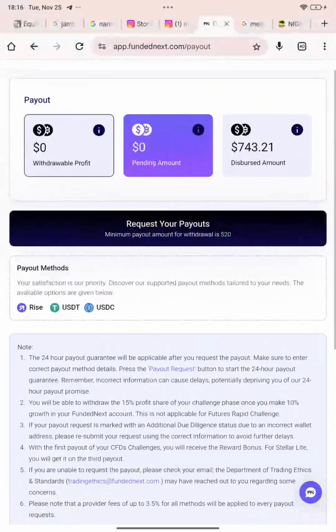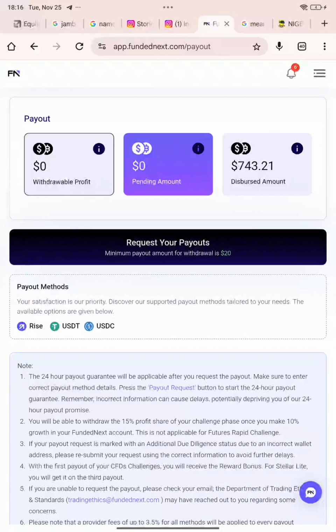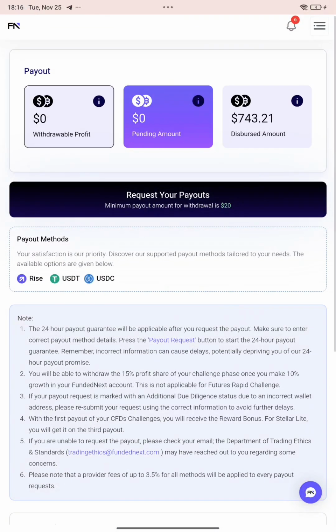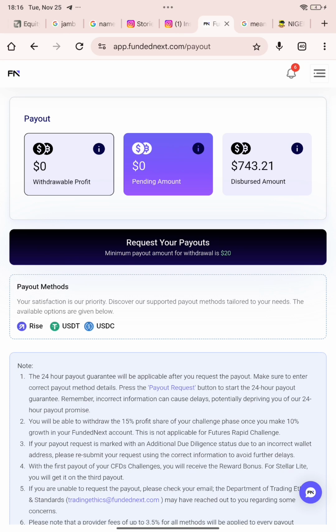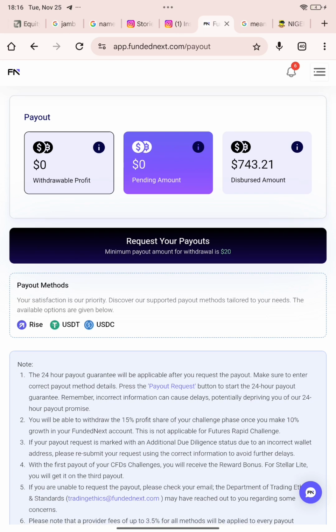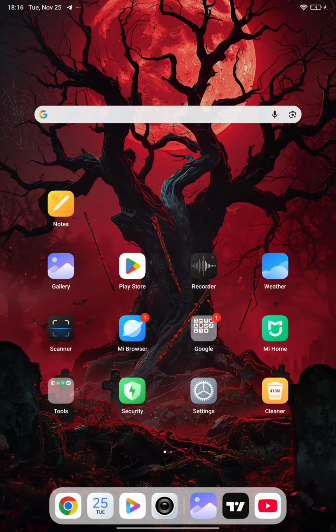I made $743. So imagine, and I'm in Nigeria, so this is not small money for me. This is not actually small on a 5k account. So don't forget to say 5k funded account. So let's go to the calculator together.